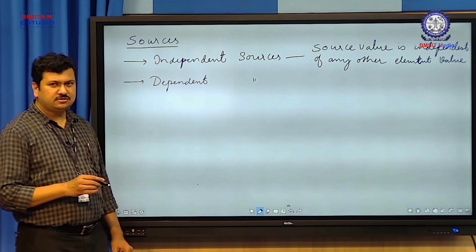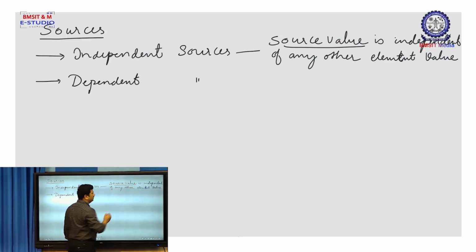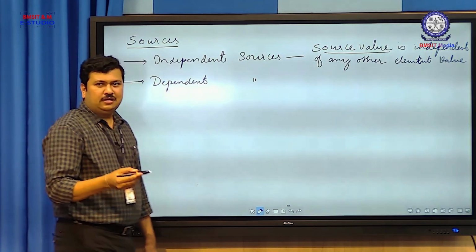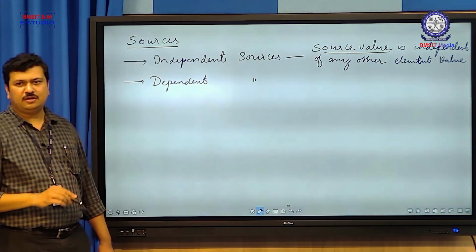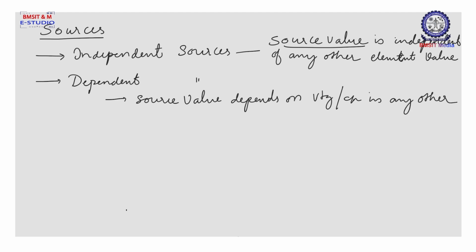Whereas, for a dependent source, as the name suggests, the source value depends on either the current or voltage across any other element. So, here the source value depends on voltage or current in any other element of the same circuit.